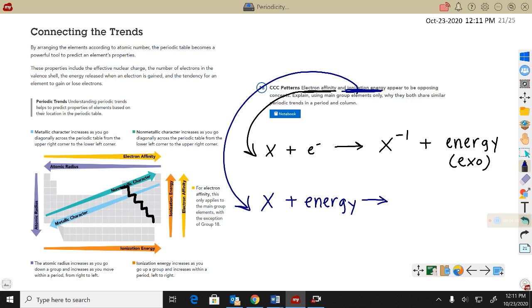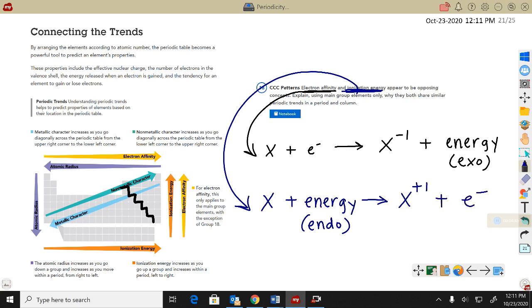If you want to pull apart strong magnets, you have to add energy. So if I want to remove an electron, I have to add energy. This is an endothermic change. When I add enough energy, I can remove the electron. That leaves me with an extra proton, so a +1 ion, and I release the electron.